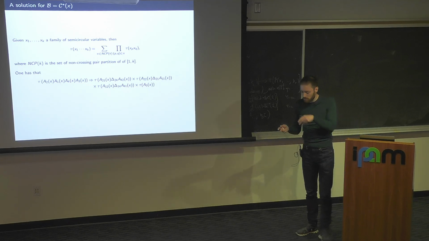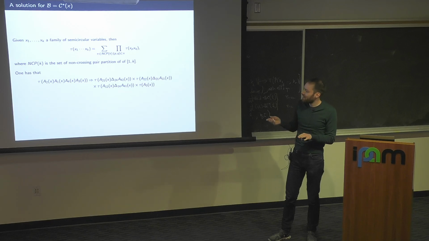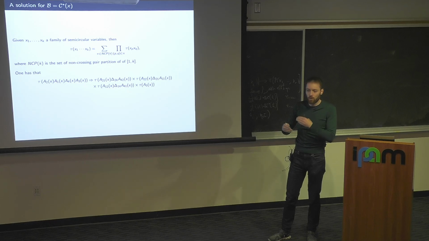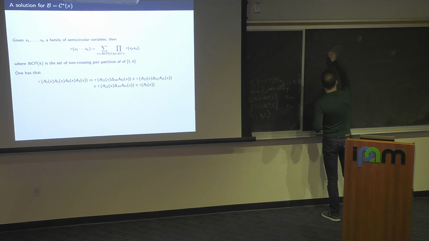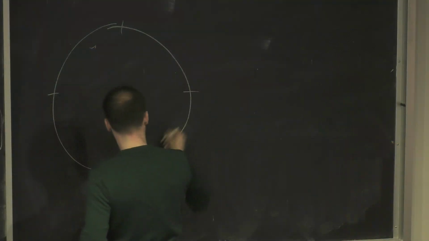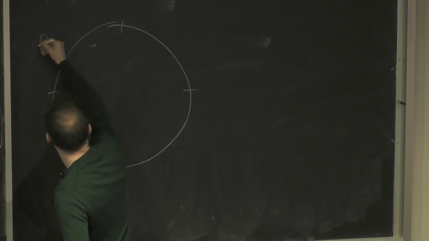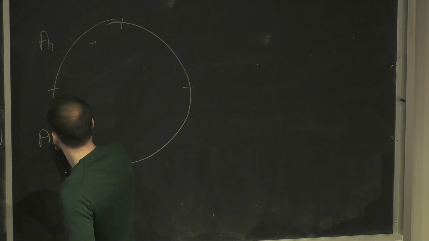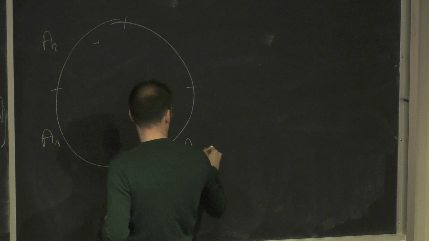I want to tell you that even though this product is not in the regular order, you can still find a way around this. So once again, let's take a circle, and on this circle we're going to put our polynomials. So we've got A2, A1, A4, and then A3.